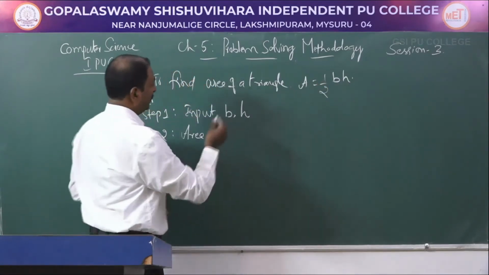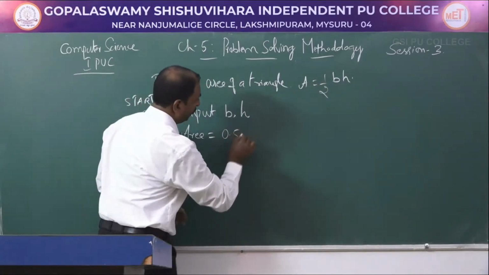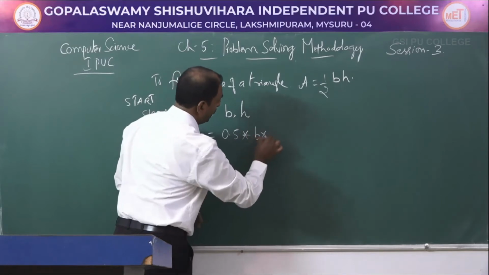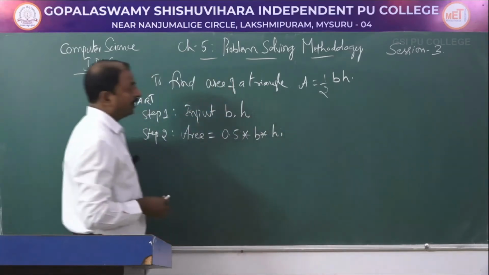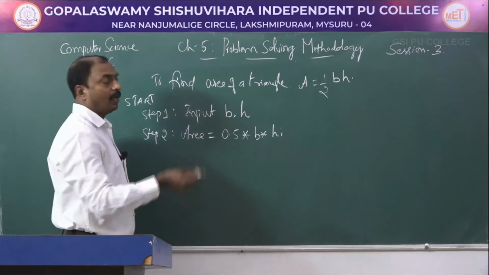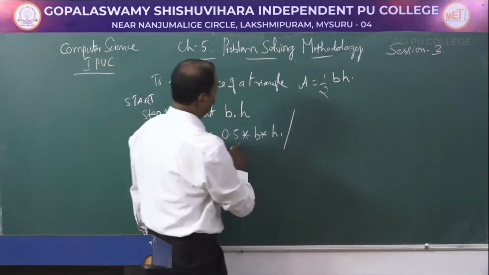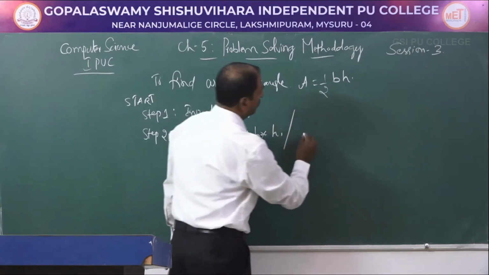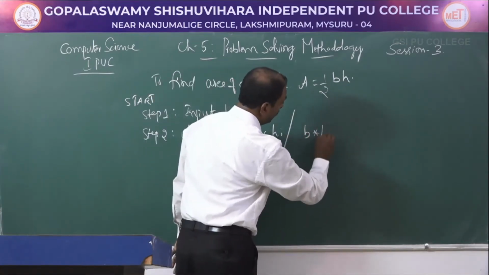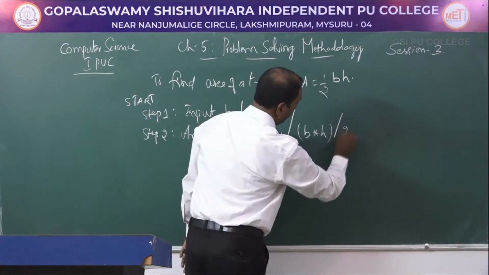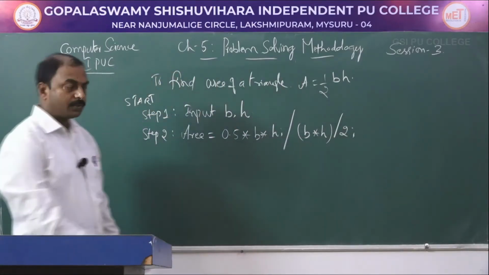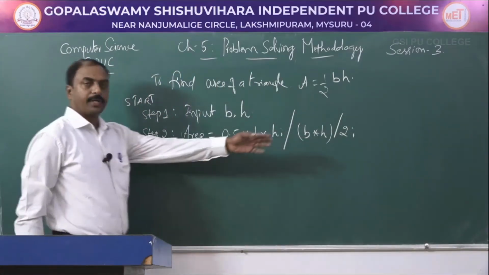So half we can write either 0.5 multiplied by b multiplied by h, or you can also write b into h divided by 2. This is also right. So either way you can write this.